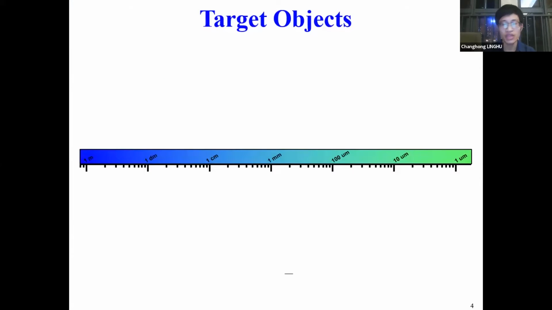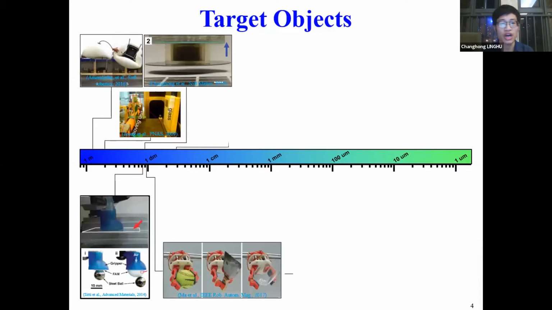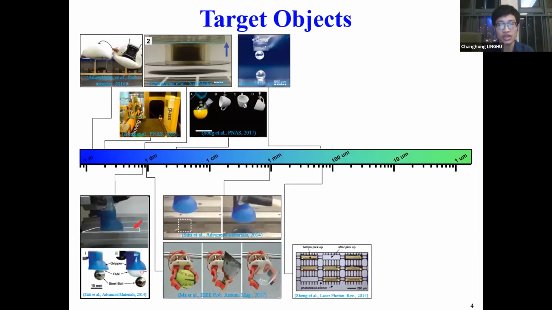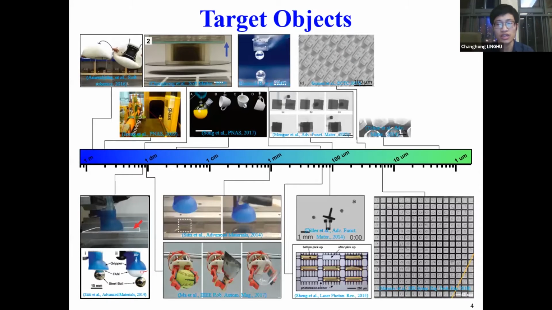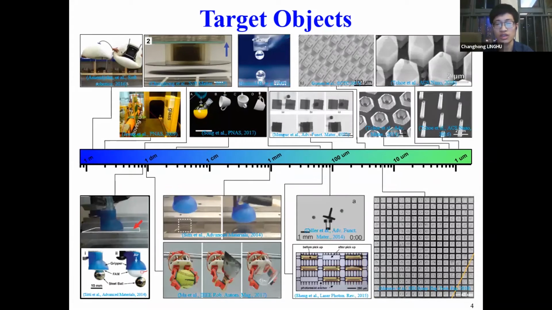Grouping and manipulation of objects are fundamentally challenging tasks for robotic systems, since the target objects are of different geometries, at different scales, with different quantities, and sometimes even with special requirements.